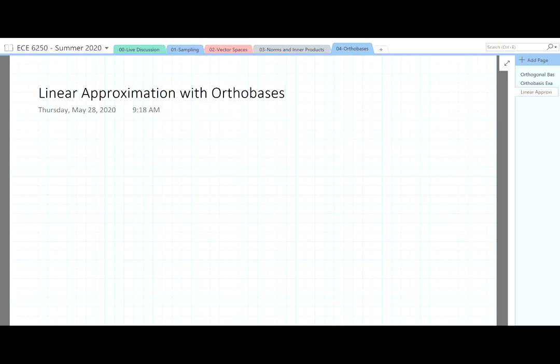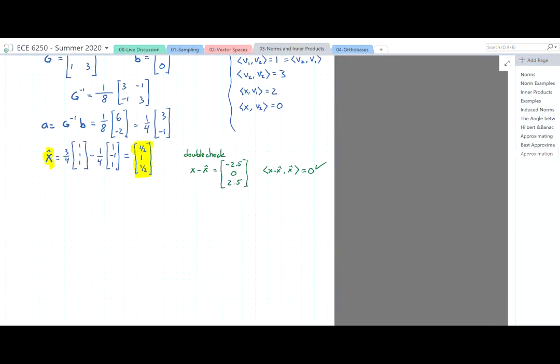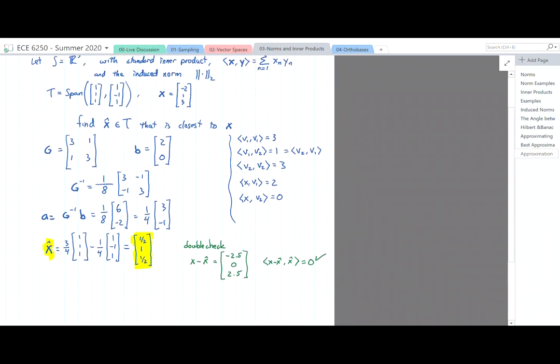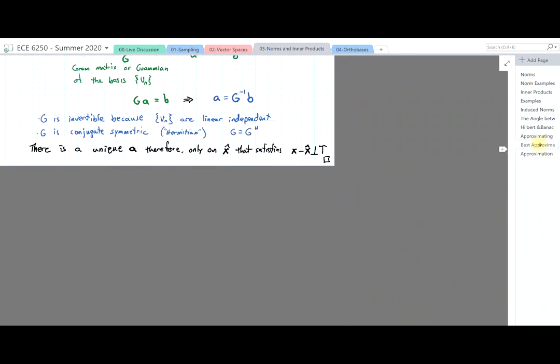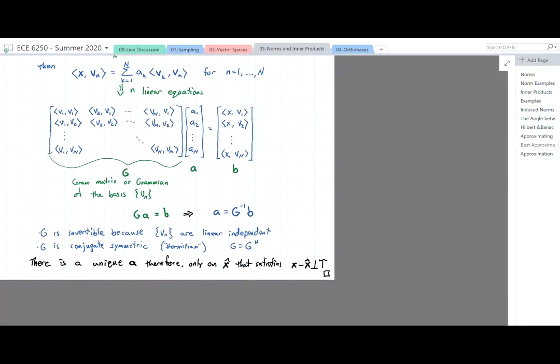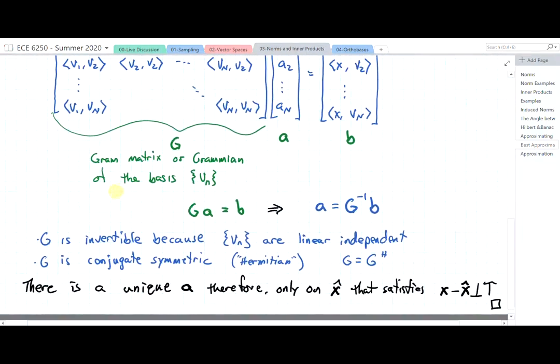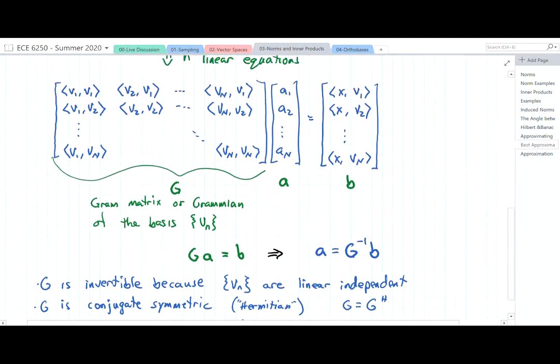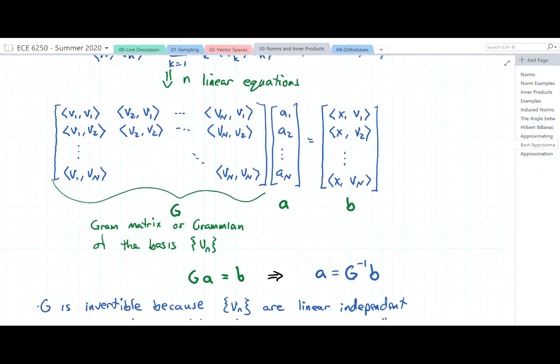As you recall, we've already looked at linear approximation, and we found that we could take some basis set and form this Gramian matrix.